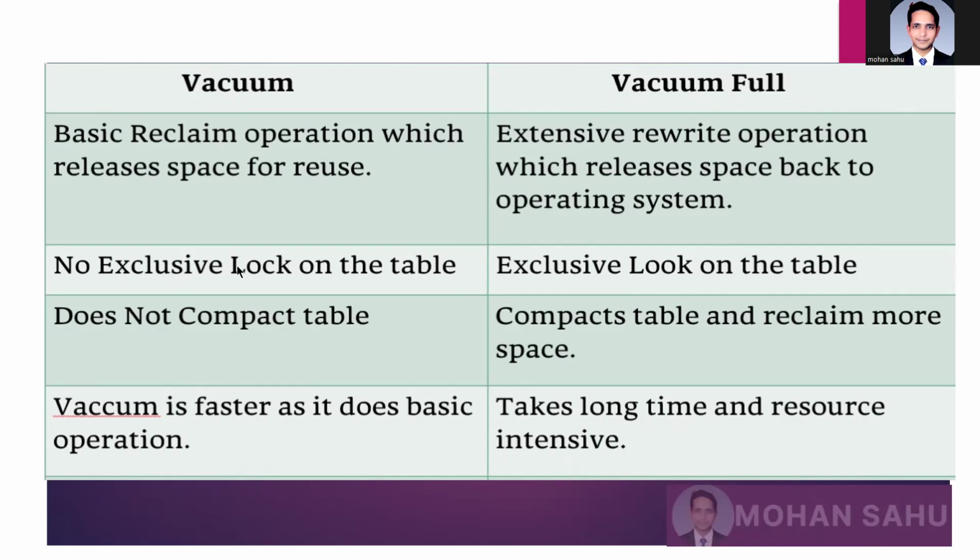It is not locking the table. But vacuum full, as it rewrites the whole table, will exclusively lock the table. Standard vacuum does not compact the table, while vacuum full will definitely compact the table and reclaim more space. Vacuum is faster and does the basic operation, but vacuum full will take longer because it has to rewrite the whole table.